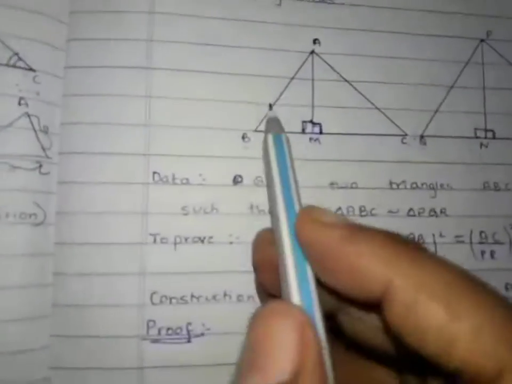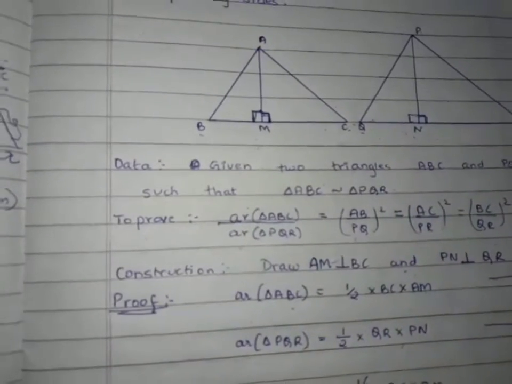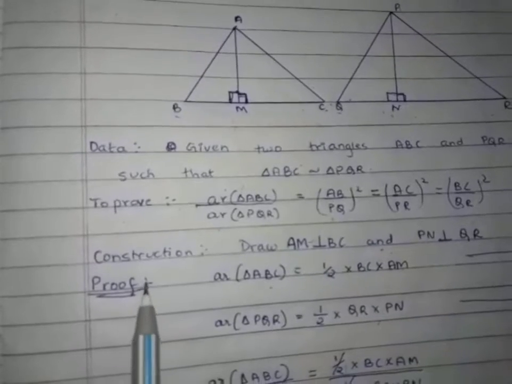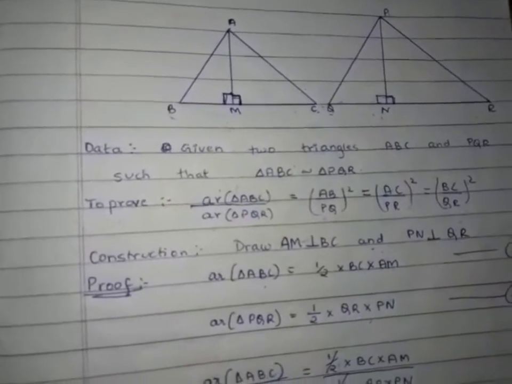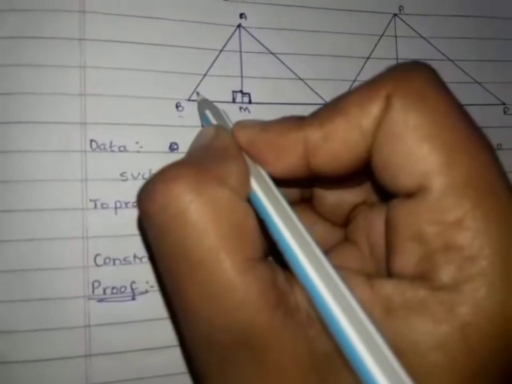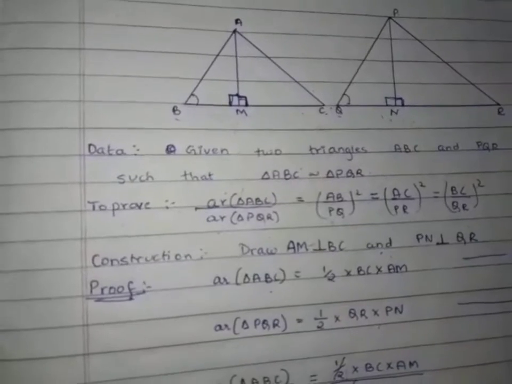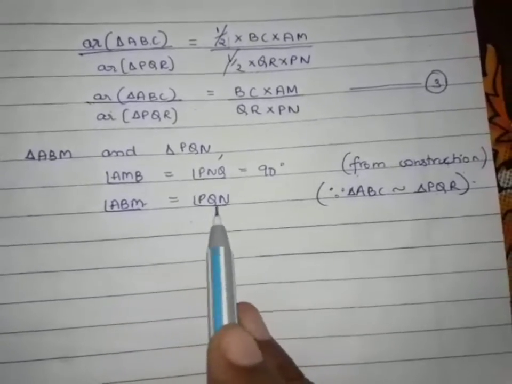Then see, we know that the bigger triangles, that is ABC and PQR, are already similar, right? It is given in the data. So if the two triangles are similar, then their corresponding angles are equal. So angle B and angle Q, which are corresponding, are equal. So I have written angle ABM is equal to angle PQN.